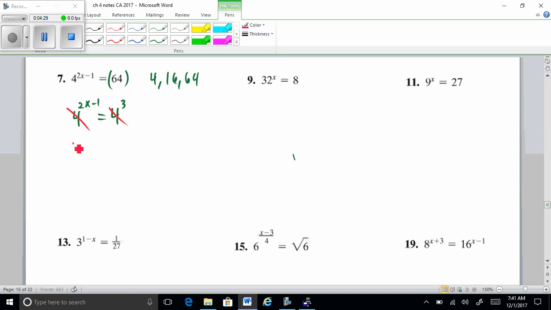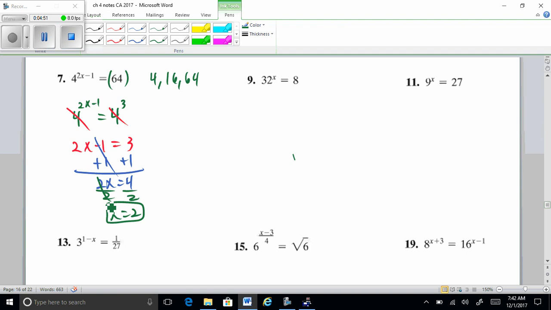Cancel out those 4s, so we get 2x minus 1 equals 3. Then we add 1 to both sides. That cancels out. 2x equals 4. We divide by 2, and x equals 2. Okay, that's not too bad.